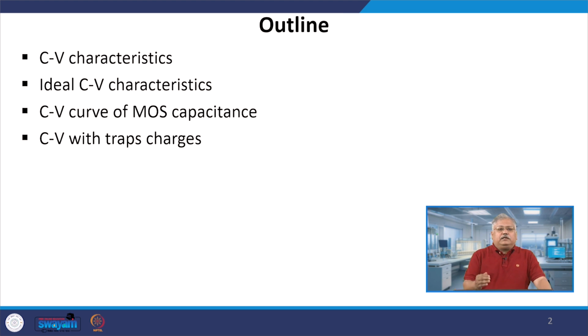In my previous lecture, I had already dealt with a part of this CV characteristics. Just to give you a further insight into it, why this is important is that in all considerations when you do a circuit analysis, it's very important to appreciate what amount of capacitance a device will be giving when you apply a particular bias, right.